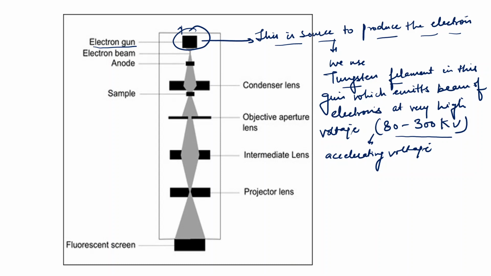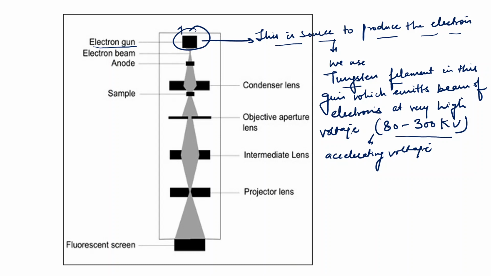Because it emits the beam of electrons at an accelerating voltage of around 80 to 300 kilovolt, while in the case of SEM, we were using the tungsten filament there also, but it was using the accelerating voltage of around 1 to 30 kilovolt only. Here we are using 80 to 300 kilovolt. High accelerating voltage is applied in this case for production of high intensity electron beam.